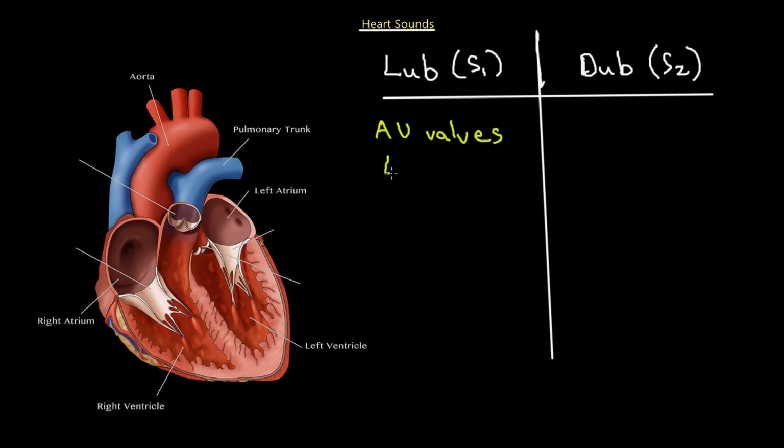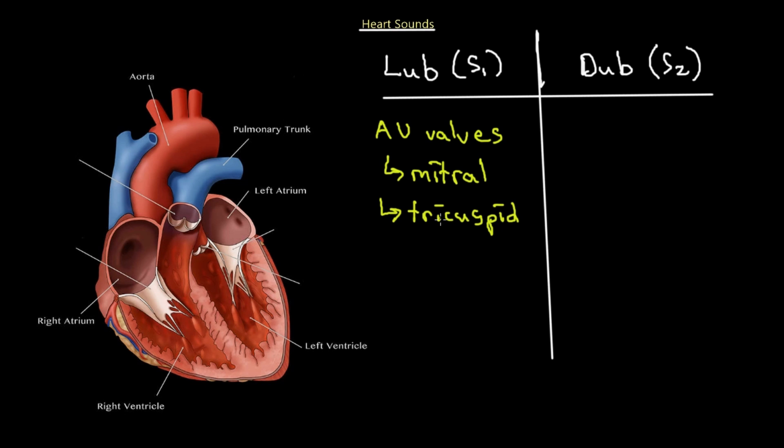That's going to be the mitral valve between the left ventricle and the left atrium, and the tricuspid valve. So that's going to be the AV valves shutting off. So once they close, you get the sound of lub.